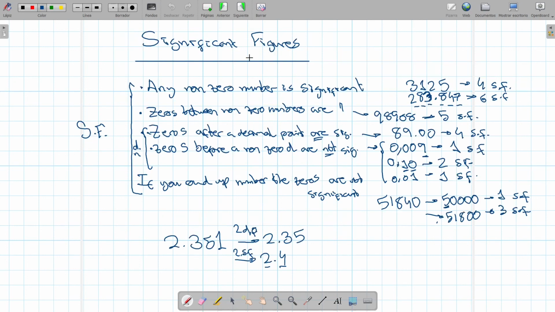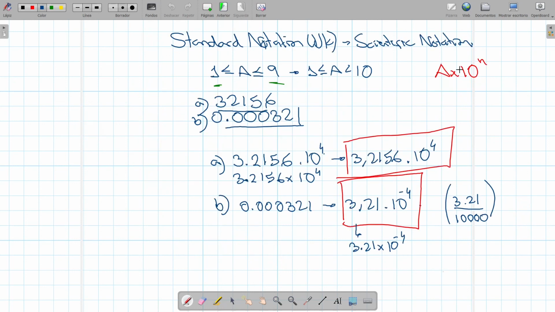Its relationship with the precision of the instrument, and that they're called significant because they imply that you are able to confirm that that's the number, because the precision of your instrument provides you that number, and which numbers are considered as significant figures or not, and how to approximate things to 1, 2, 3, 4, 5 significant figures, and what is standard notation or scientific notation, and how to write it when it's a small number or a big number.